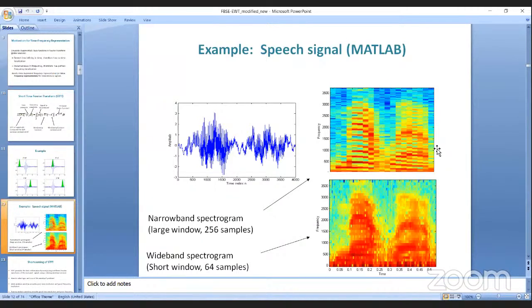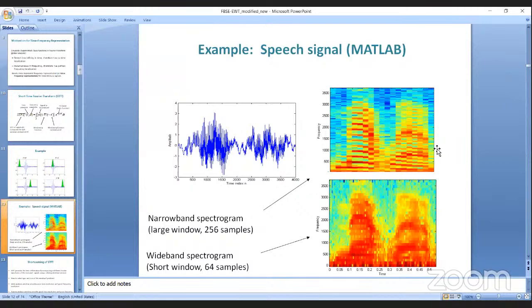In this spectrogram, one can identify different frequency components present in the signal. When you talk about the speech signal, you can nicely identify the different formants present in the signal, the different resonances.